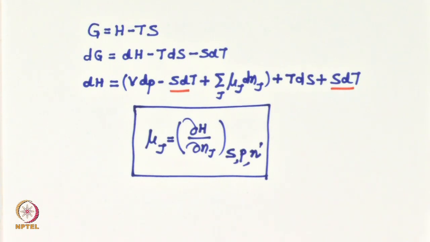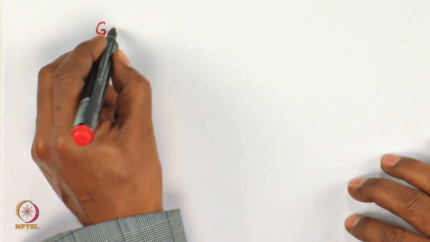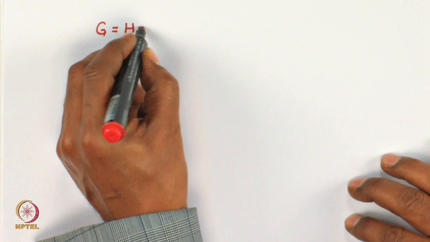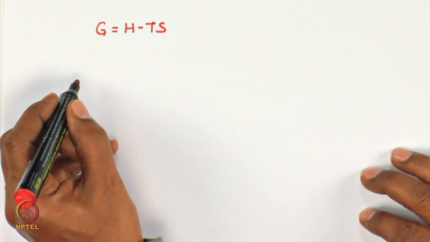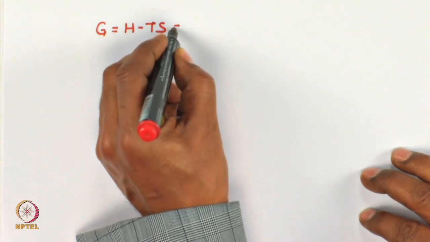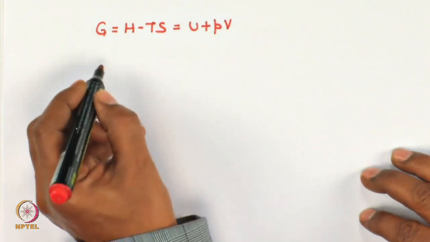Similarly, we can also derive another expression. Here you see the chemical potential can also be connected with the changes in Helmholtz energy, which quickly we can derive. Once again start with G is equal to H minus TS, and in order to establish a connection between G and A, I will use H is equal to U plus PV.